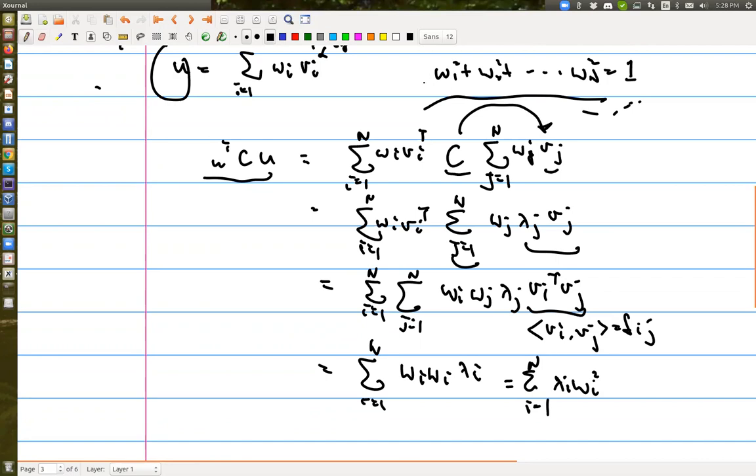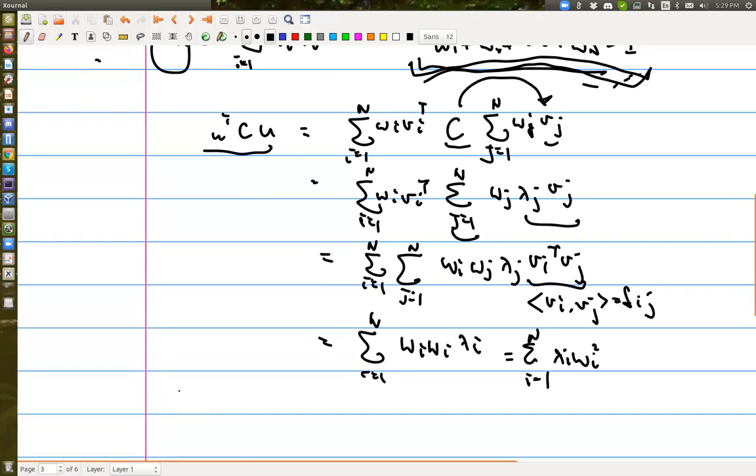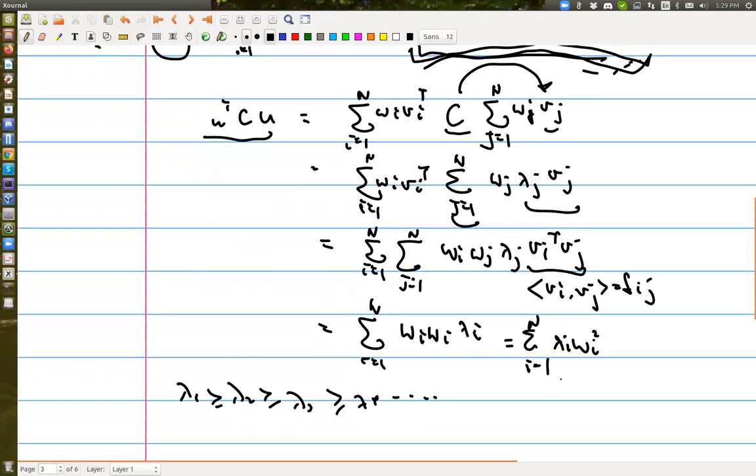And remember, I have this constraint here. Now let's assume that my eigenvalues are sorted in descending order. So I have lambda 1 is bigger than or equal to lambda 2, lambda 3, lambda 4, and so on. So what should I pick W to be such that it maximizes this one here?